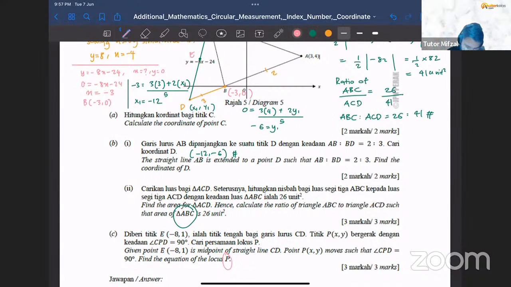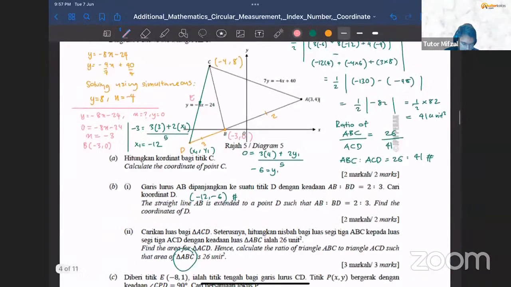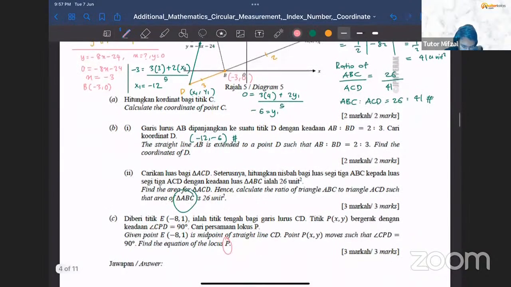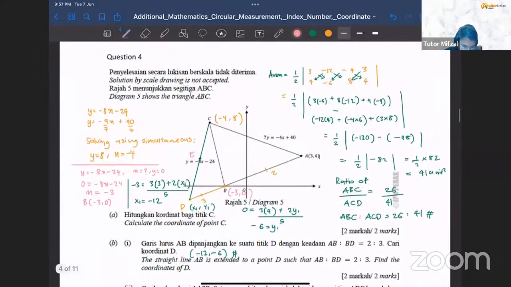Wow. Okay, so how do we solve this problem? What are they trying to say here? In here, there is a point E. What they are saying here is that there is a point P where the angle is 90 degrees.